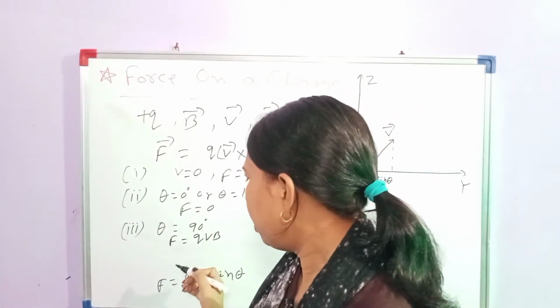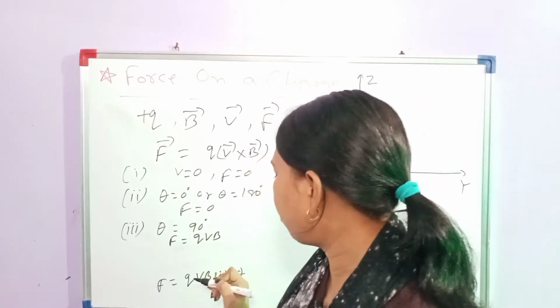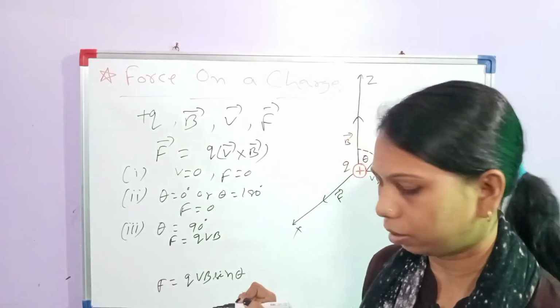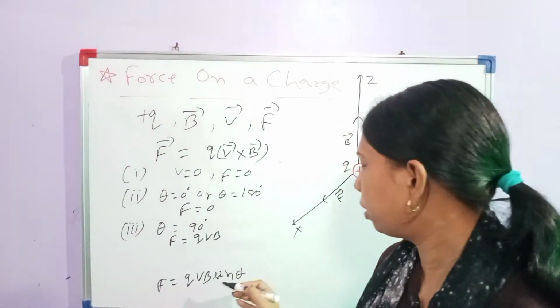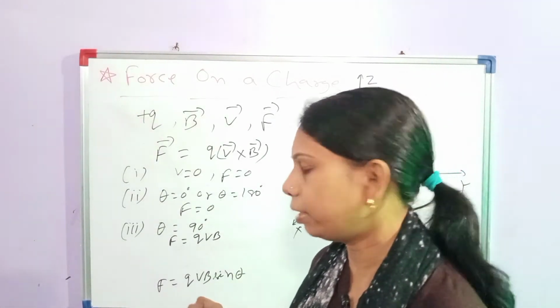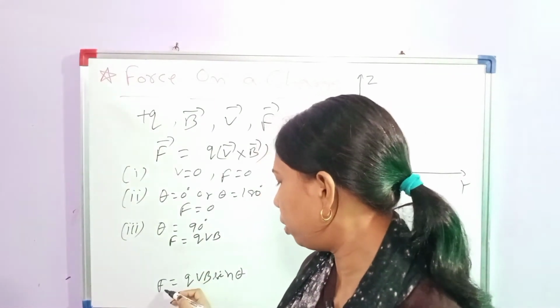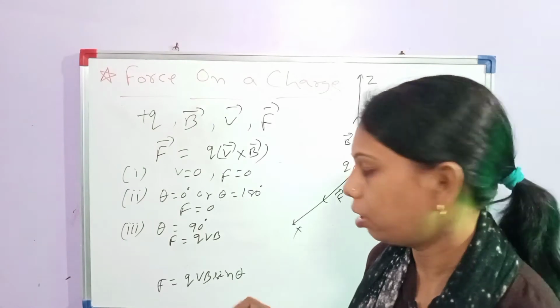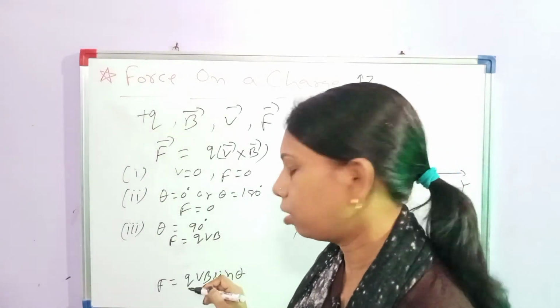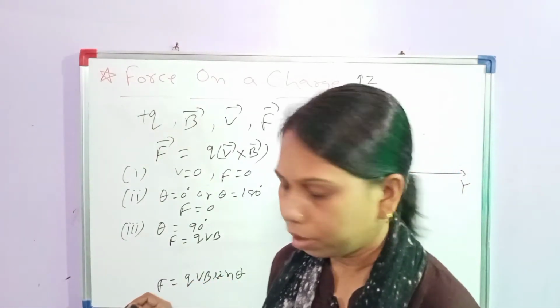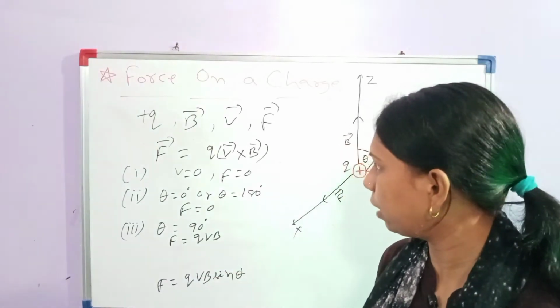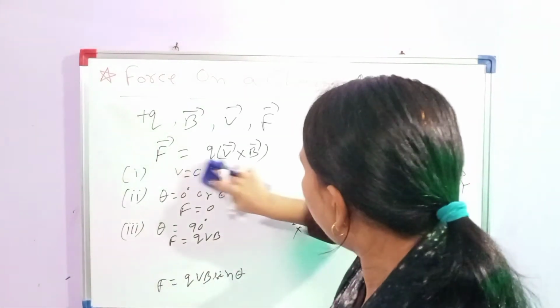Now let us define the SI unit of magnetic field from this equation. In SI unit, magnetic field is measured in Tesla. SI unit of charge is Coulomb, SI unit of force is Newton, SI unit of velocity is meter per second. So from this equation we can define 1 Tesla.